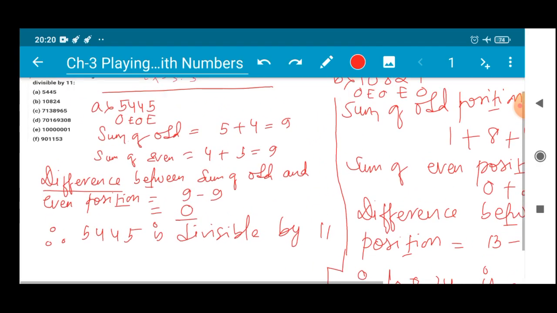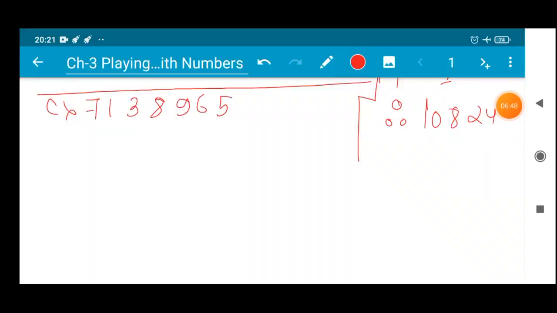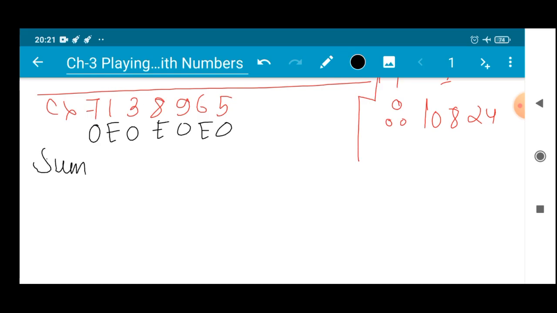So let's do the next part. The next part we have is part C. The question is 7138965. Okay, so let me take a different pen for this. Odd position, even, odd, even, odd, even, odd. Then find the sum of the numbers in odd position.